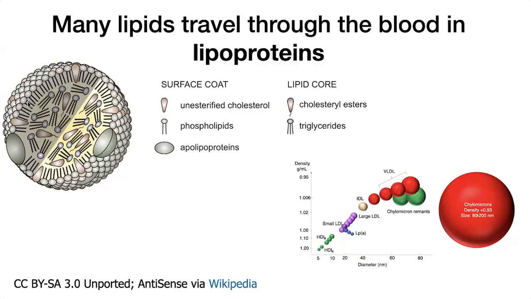So these lipoproteins, they're like little bubbles. Unlike your cell membranes, which have a phospholipid bilayer, your lipoproteins have a monolayer. So they just have one layer of phospholipids, which is great because now they have these hydrophilic heads facing the watery surface in your blood.